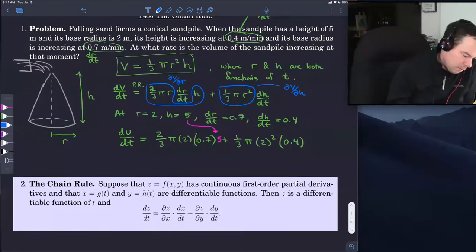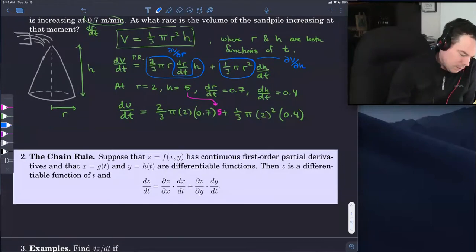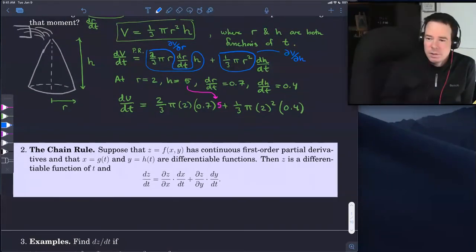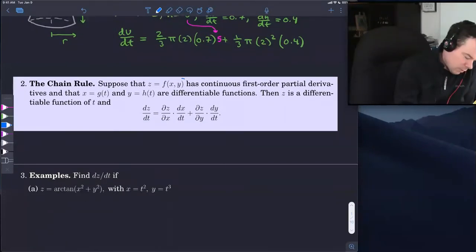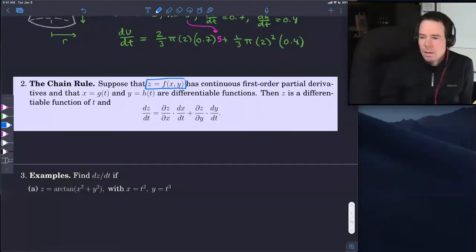And that's no coincidence, because the product rule is actually a consequence of this more general result, which is known as the chain rule in multivariable calculus. And what the chain rule says is that if I have a function of two variables, z equals f of x, y, and I think of each of those x and y as being functions of a third variable, t, then z is ultimately a function of that variable t.